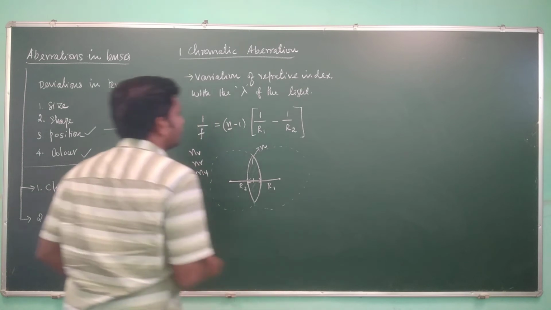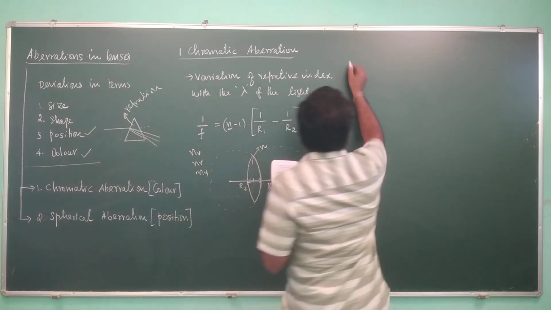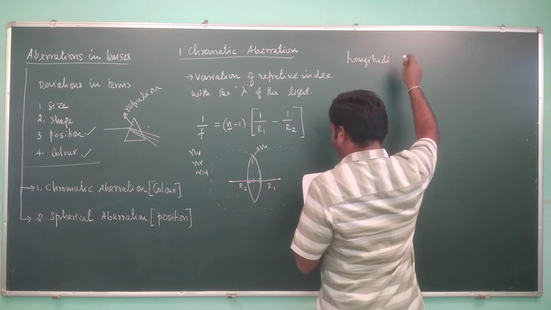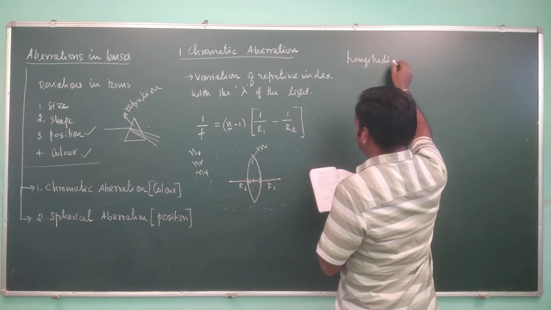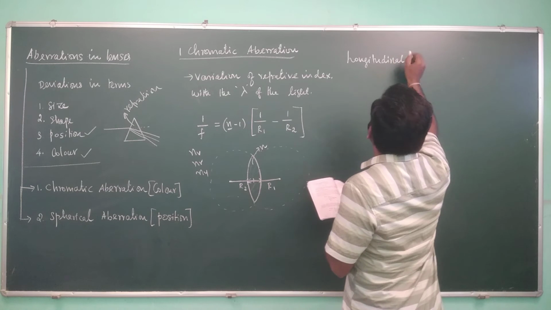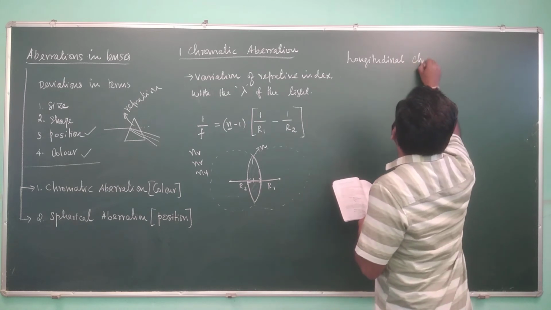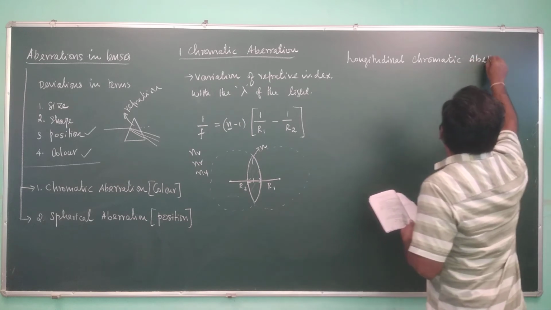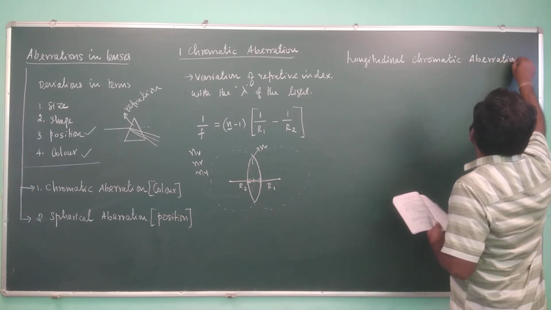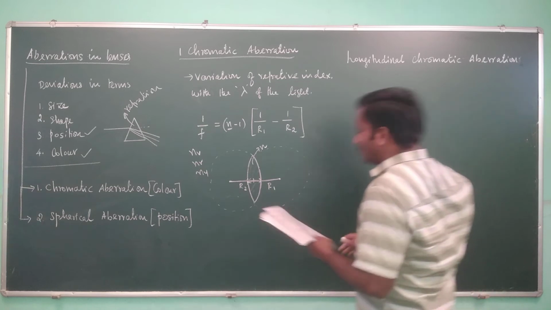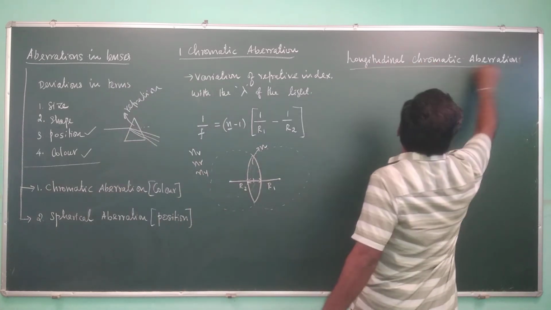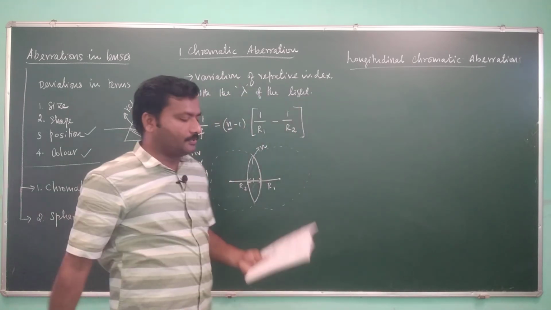Let's see how the longitudinal chromatic aberration takes place. It happens along the longitudinal axis.